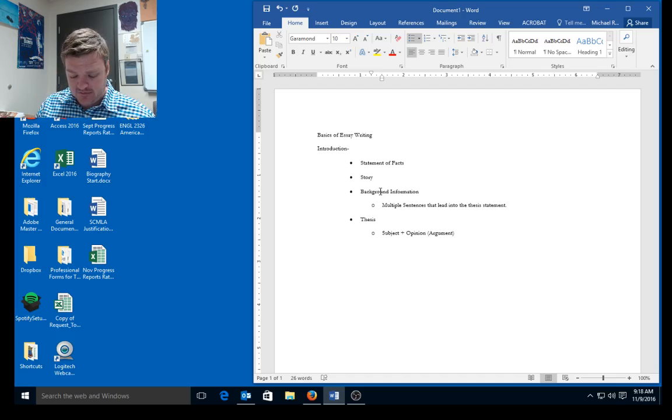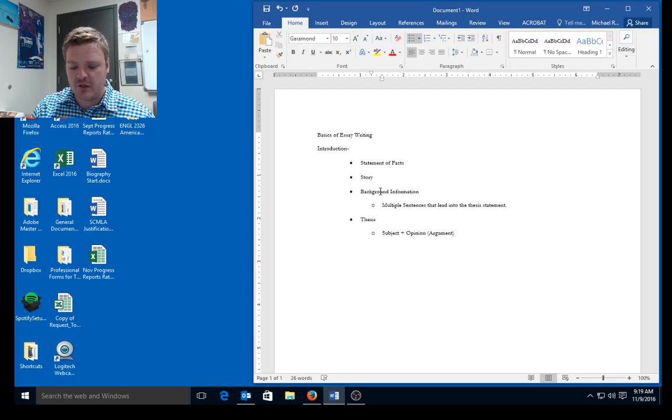It's pretty extensive, this essay, but its introduction is actually fairly short. It's the statement of facts background information model that they're using leading into the thesis. It's a fairly short introduction, but it's still multiple sentences. Your introduction should be more than two sentences, because then it's not really fully developed. The ideas aren't all there.